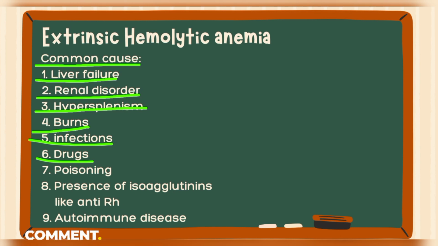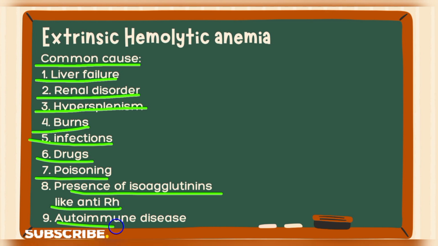Then poisoning by chemical substances like lead, coal, and tar, and presence of isoagglutinins like anti-RH. Then autoimmune diseases such as rheumatoid arthritis and ulcerative colitis may lead to extrinsic hemolytic anemia.